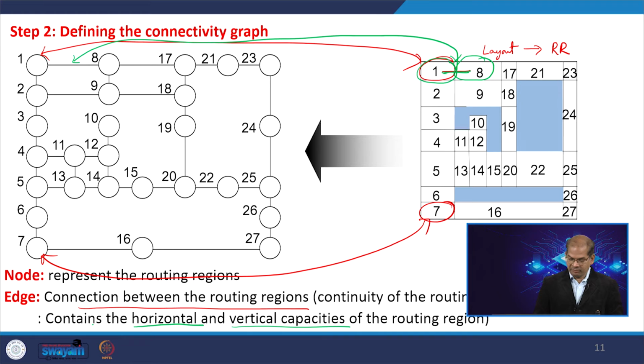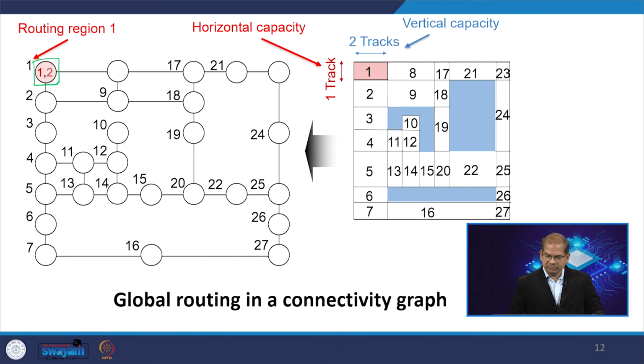So these horizontal and vertical capacities are stored in the routing regions. They are denoted in the nodes of the connectivity graph. Nodes contain this horizontal and vertical capacity. So if you can see here, in node 1 we have horizontal tracks and vertical tracks.